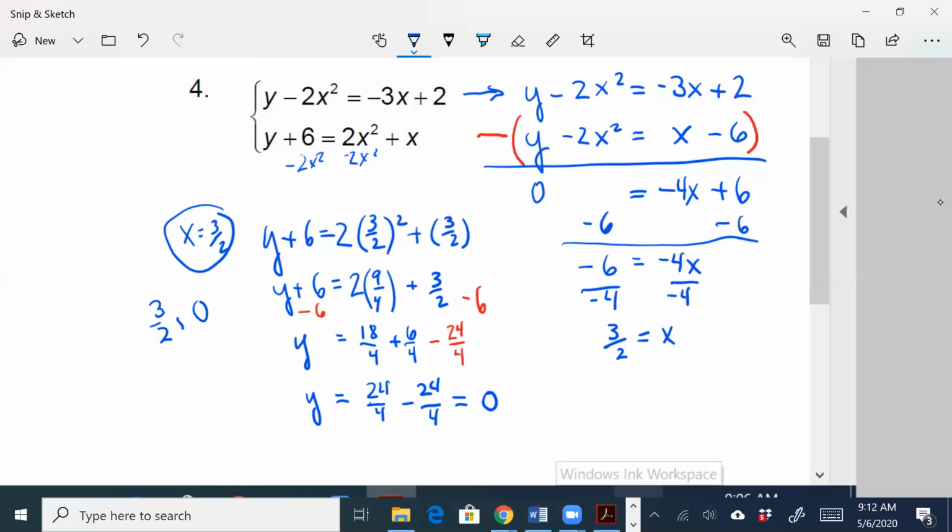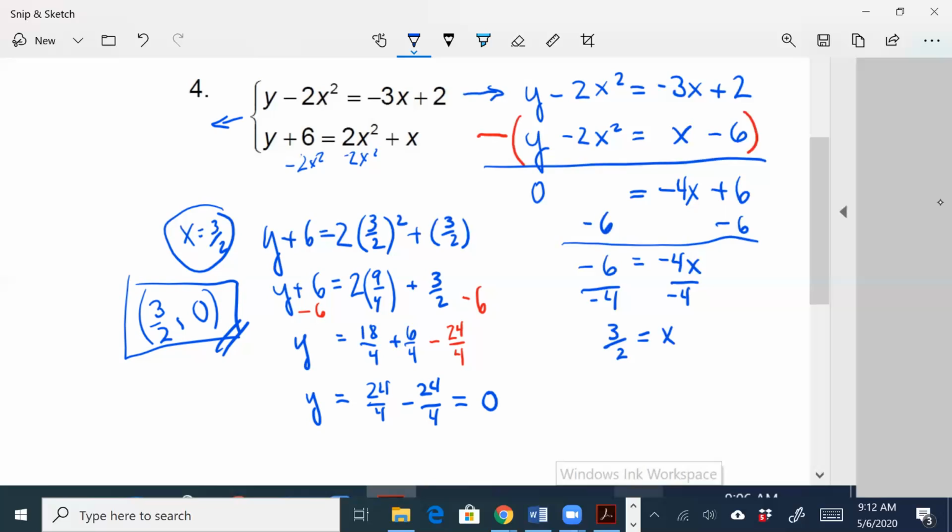So 3/2 comma 0 is the ordered pair where these two equations intersect, where they cross, their common solution.